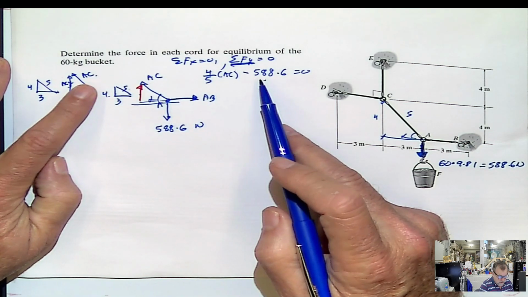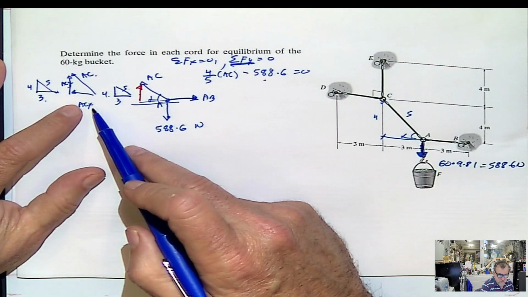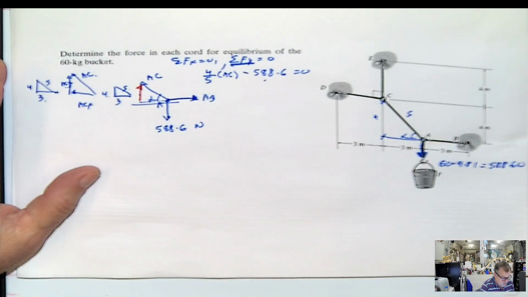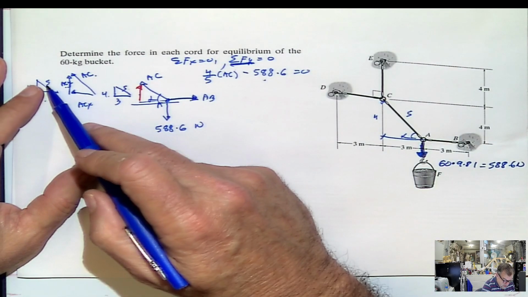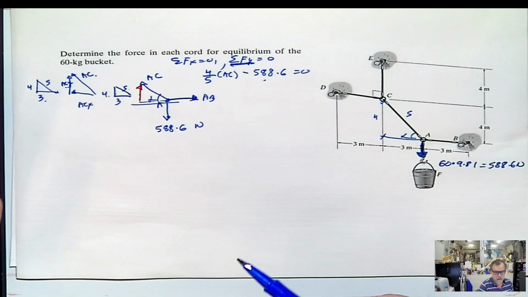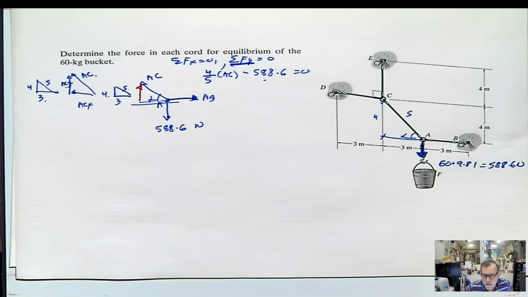That's what we did here. You can say 4 divided by 3 is ACY divided by ACX. You can even say 5 divided by AC equals 3 divided by ACX. It doesn't matter as you compare this side with the other side, and you're gonna get the answer.